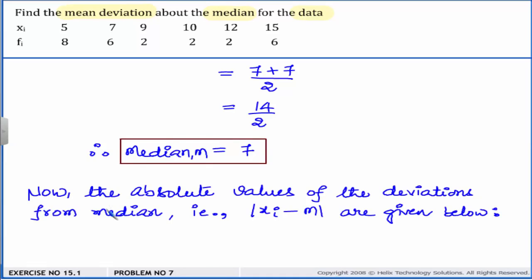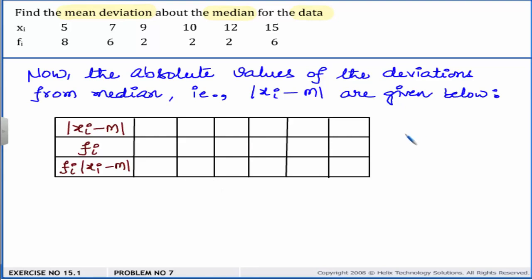Now, the absolute values of the deviations from the median, that is modulus of xi minus M, are given below. We have got median M is equal to 7. Therefore, we have modulus of 5 minus 7, that is modulus of minus 2, is equal to 2.